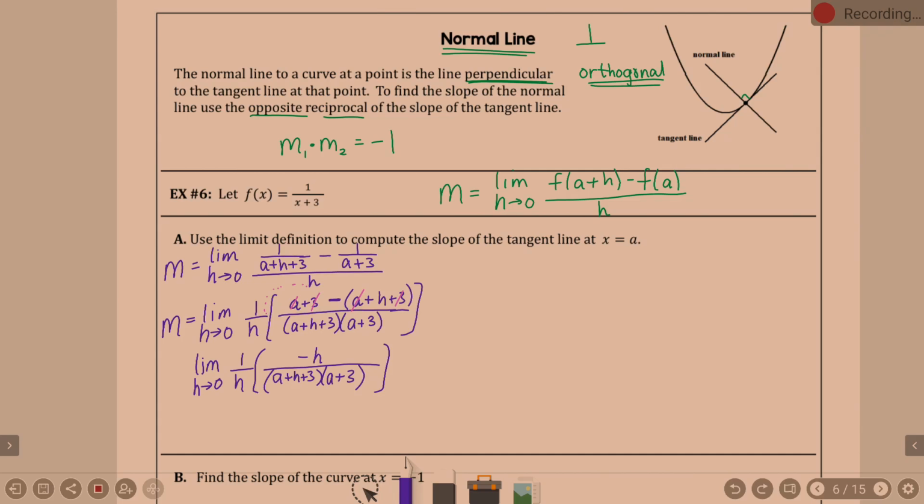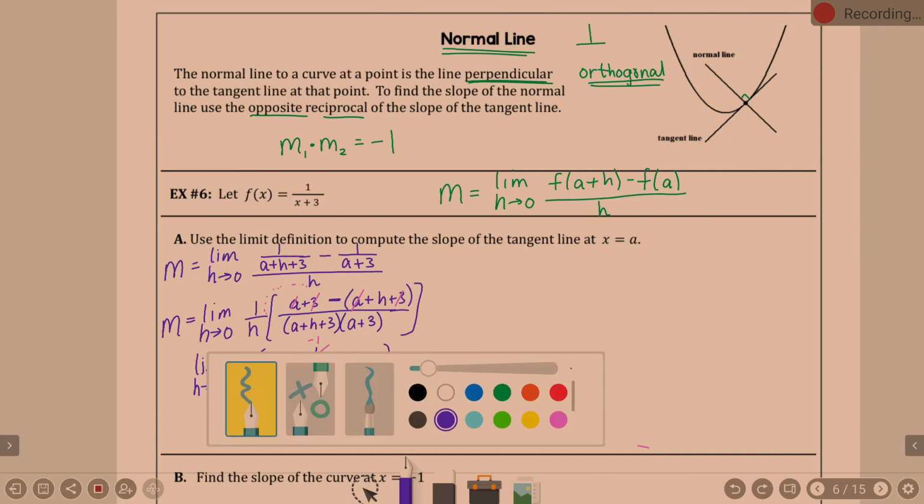Now, what I said would happen happened. A bunch of stuff on top canceled. Normally there's more than one term on top, but hey, we'll take it. What can happen now? This h on bottom can cancel with this h on top, leaving me with what? The -1, yes?